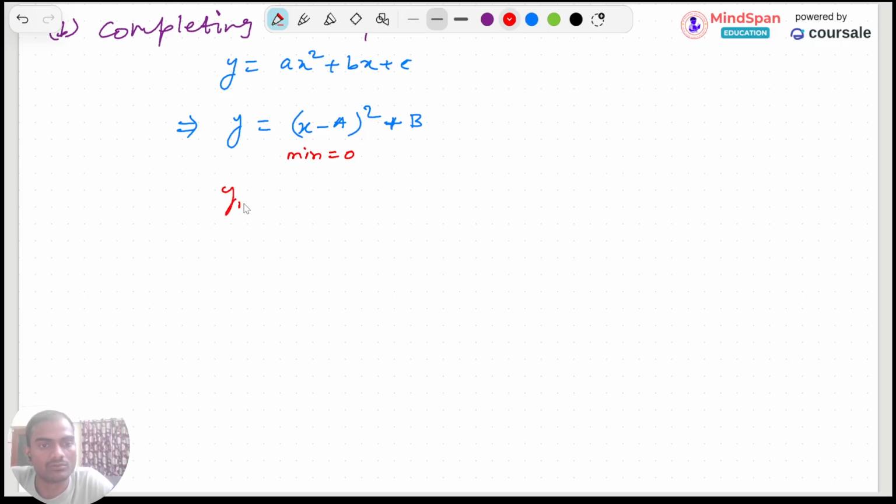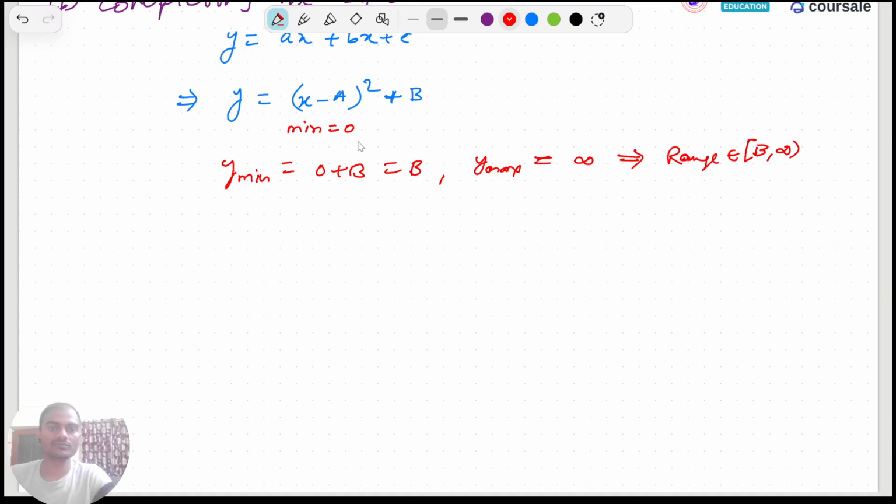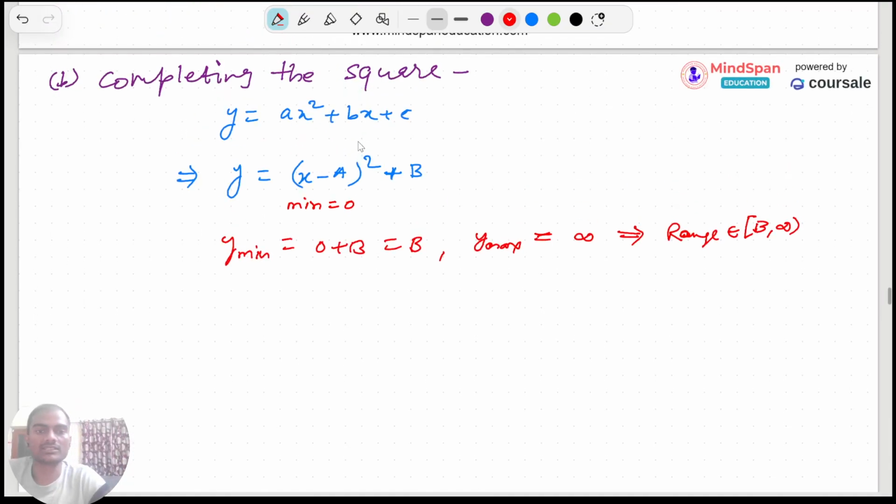So y minimum can be 0 plus b, which is b, and y maximum can be infinity, right? So we can say that this gives us a range as b to infinity. Okay, we can write properly like this. So this is called completing the square. We write it in the form that we already know.